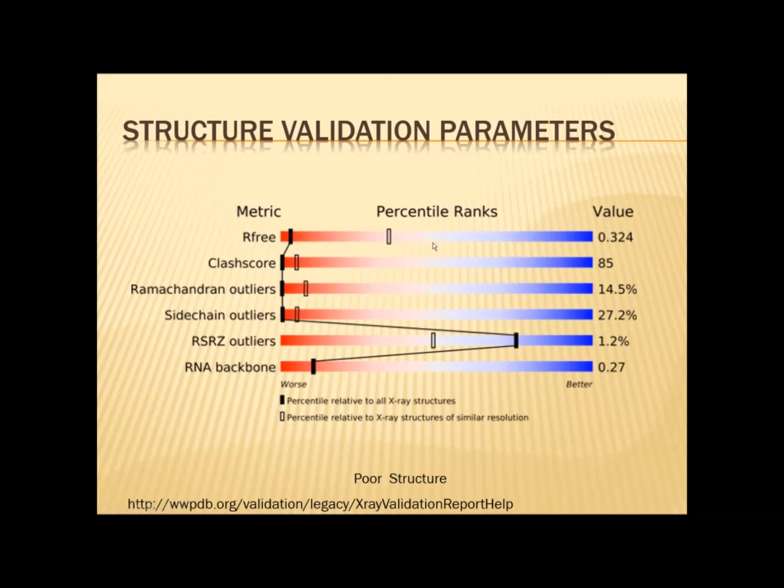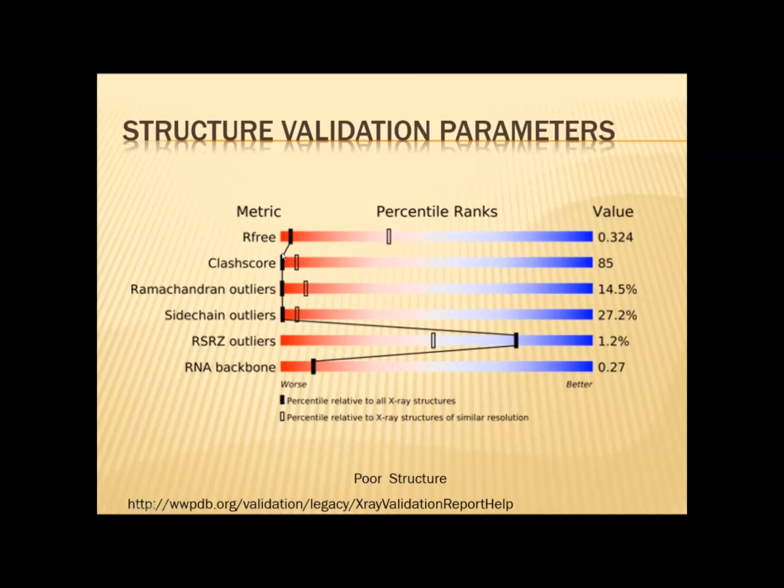So what you'll see here is the more some of these are towards the blue side, that means it is good. The more some of these numbers are on the red side, which means it's worse. So this is percentile. Where does it stand? How does it compare to all X-ray structures?